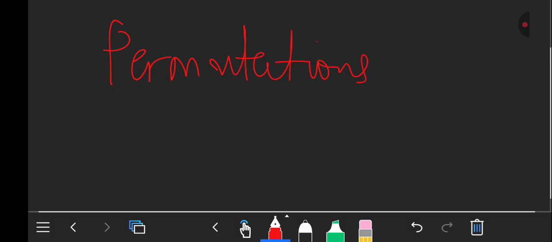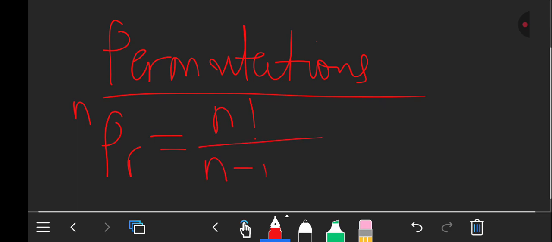Now let's look at permutations. Permutations are defined by this formula. So when you're talking about, let's say, n permutation r, this simply means you have n factorial over n minus r factorial.